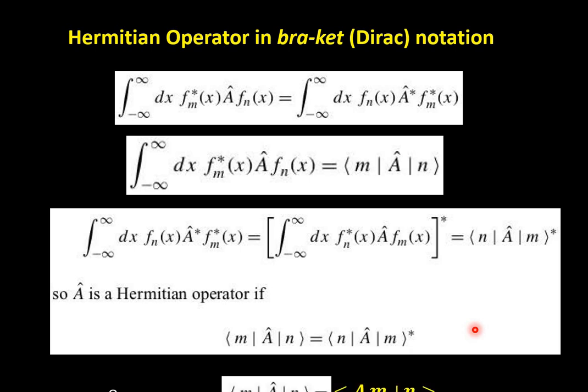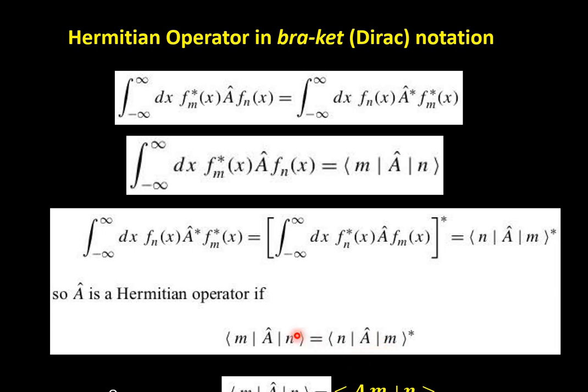And more conveniently, we can write this... not clear. Okay, follow my words. In <n|A|m>*, n in the bra position means ψn*, and A* is there. So ψn** means ψn, so you can take it in the ket position, and Am* you can take in the bra position. So finally this is equal to <Am|n>, with Am in bra and n in ket.